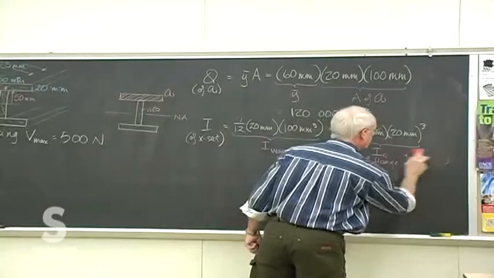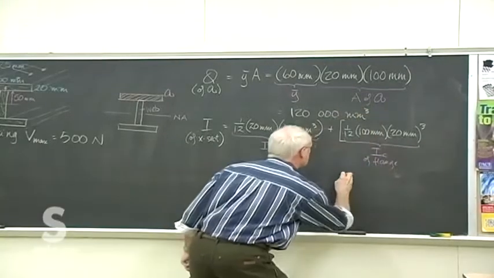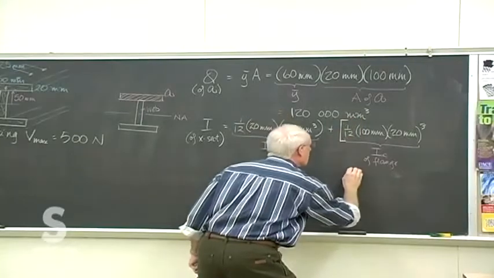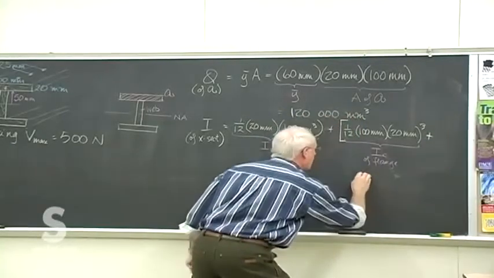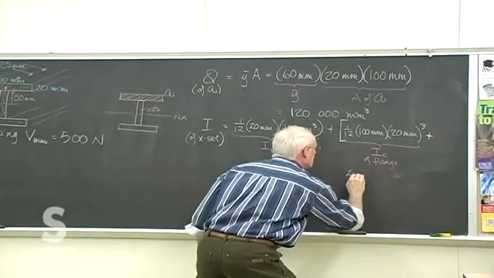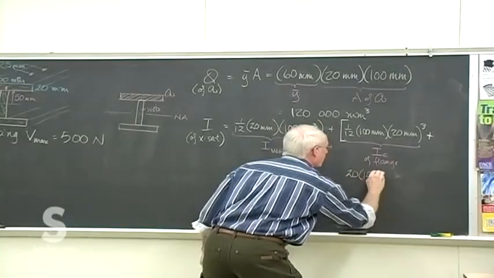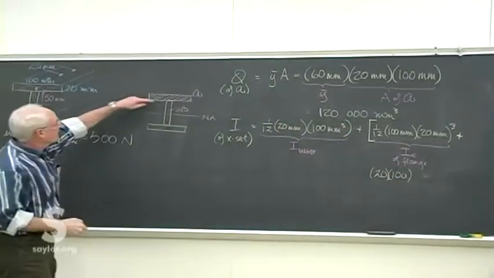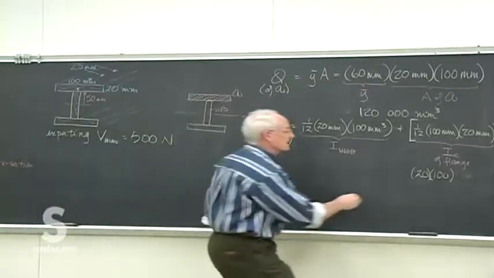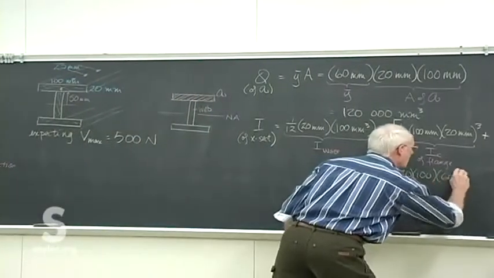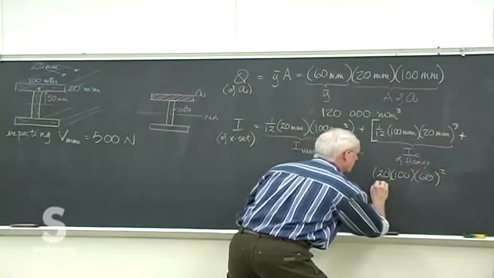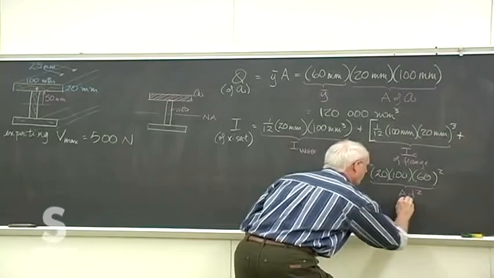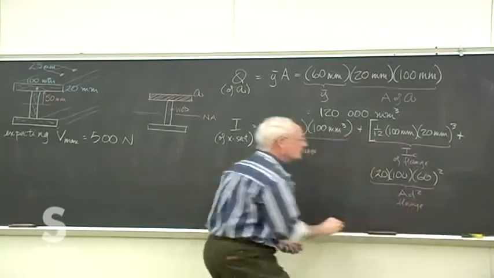Running out of space, so I'm continuing this square bracket here. Plus 20 by 100. That's A. And then D squared is, well, it's again the 60 that we had before. So that's AD squared for the flange.